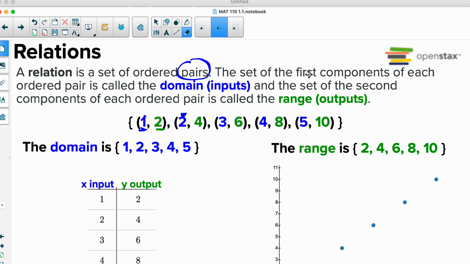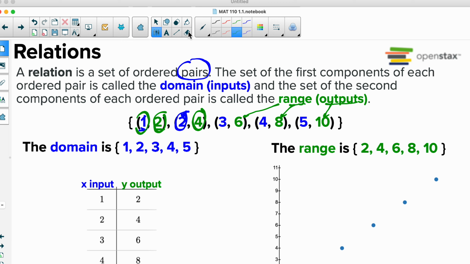And then the second component we can think of as the output or the range. And so we have inputs and outputs, okay? So for each set of ordered pairs here, when I input 1, in this case, I get an output of 2. Here, when I input 2, I get an output of 4, and so forth.